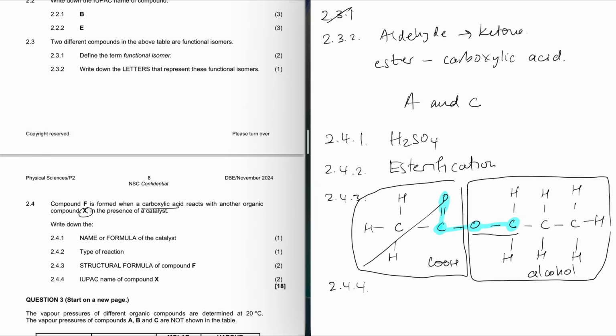So compound X is certainly going to be an alcohol. When we want to name an alcohol that has 1, 2, 3 carbons, and you have an OH on the first carbon, essentially it's going to be propan, because 3 carbons, and then 1-ol. So remember, for esterification we use primary alcohols.